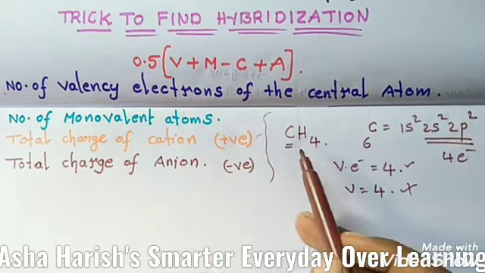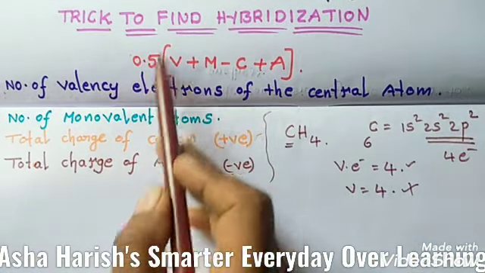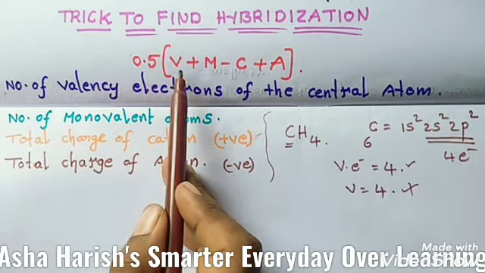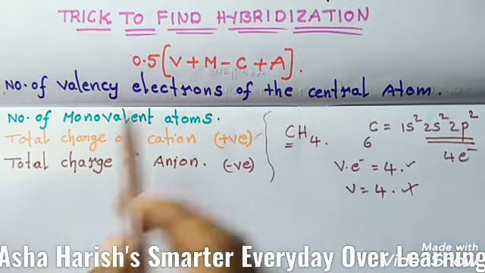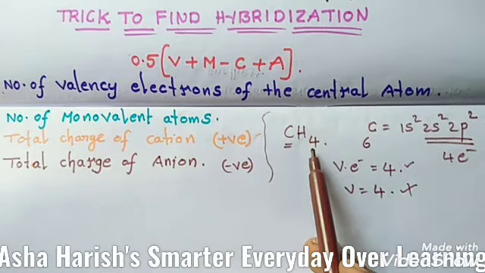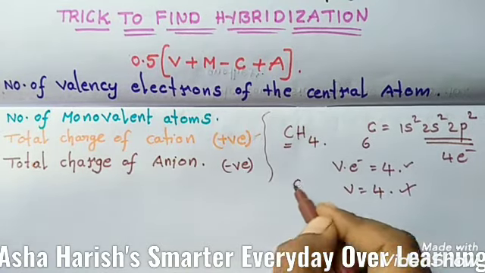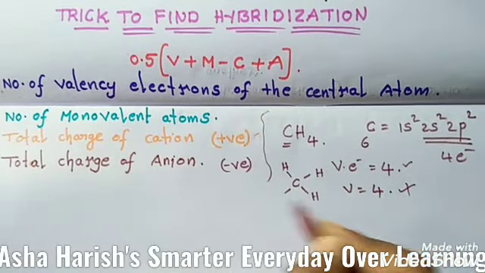Now here is the formula: 0.5 into the number of valency electrons of the central atom. Now M is monovalency, so you need to identify the monovalent atoms. In CH4, the surrounded atoms are hydrogens.